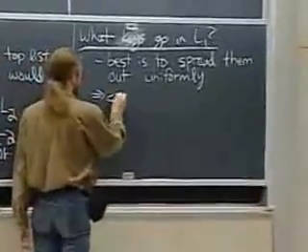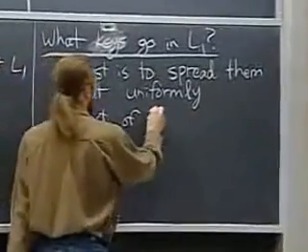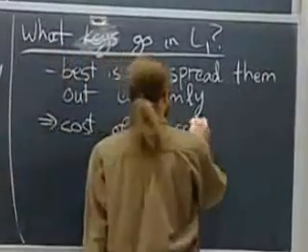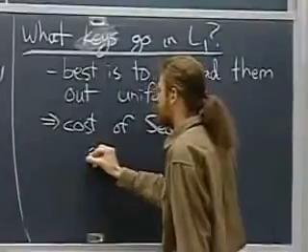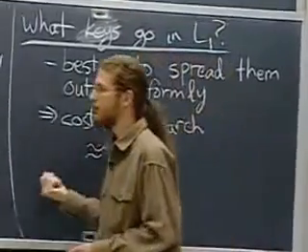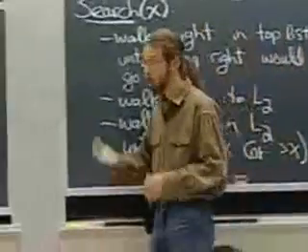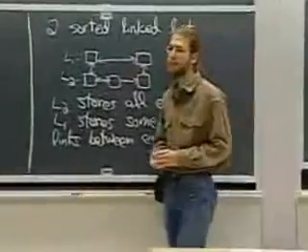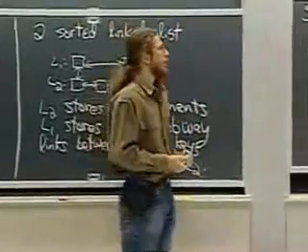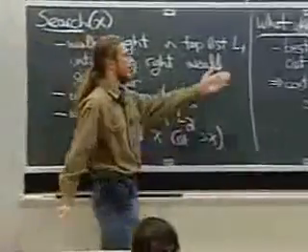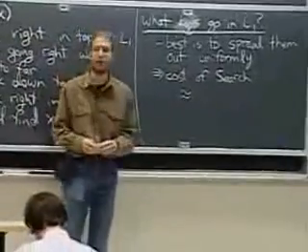So the cost of a search is now roughly, I want a function of the length of L1 and the length of L2, which is all of the elements, n. What is the cost of a search if I spread out all the elements in L1 uniformly?